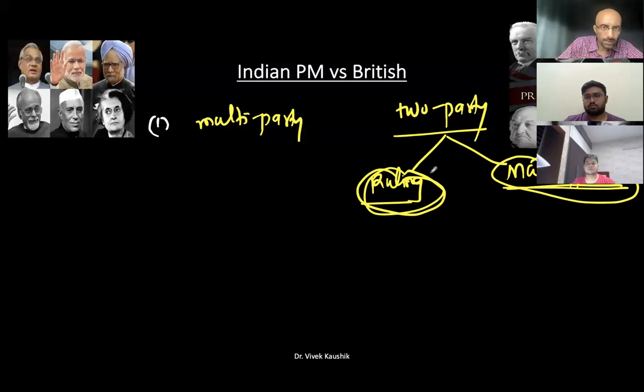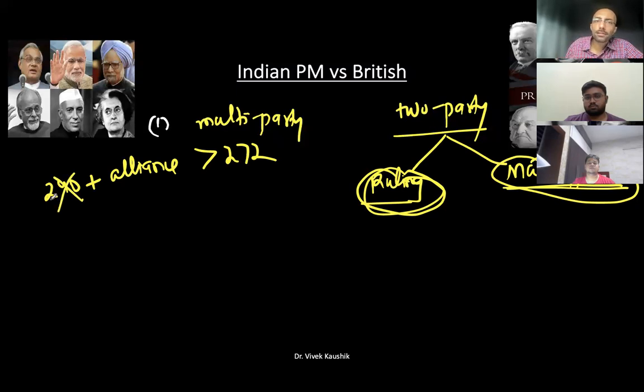Whereas in India, what happens? One party is so powerful, let us say right now, BJP has 240 seats. Plus their alliance partners, they are able to cross 272. What if this party is not able to form the government? Then the second biggest party is Congress, which has only 100 seats.